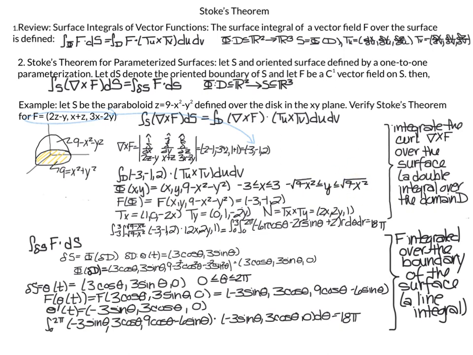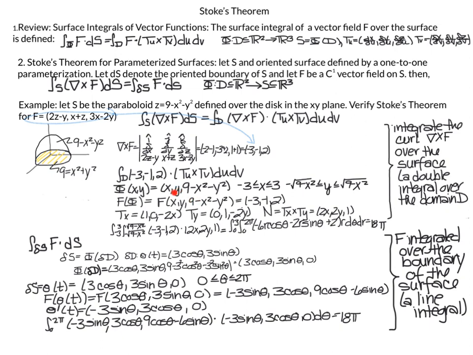I've already noted in this problem that what I'm integrating is the curl of f, which is minus 3, minus 1, 2, but sometimes I'm just using this formula in calculating the surface integral of vector functions. So normally my next step is to do f composed with phi, which is x, y, 9 minus x squared minus y squared, where I'm looking for an f to plug in x, y and 9 minus x squared minus y squared.